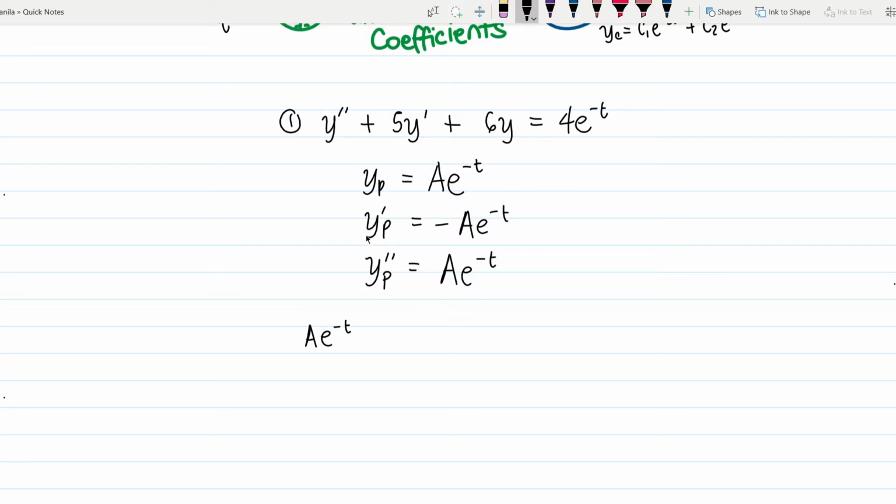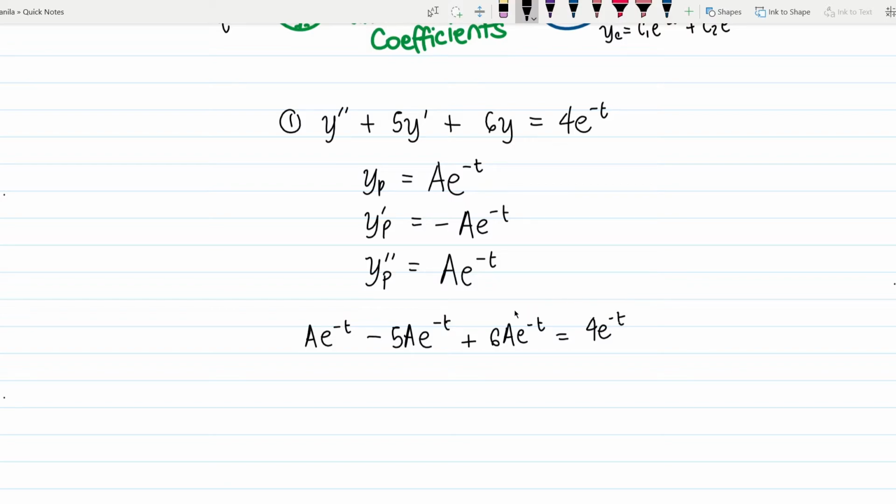Our yp prime is minus ae to the negative t. So if we're gonna plug that in, minus 5 tayo eh. Plus pala. Plus 5 tayo, so it's gonna be negative 5a e to the negative t. And then finally, our yp is just going to be 6a e to the negative t. And then we're gonna equal that to our 4e to the negative t.